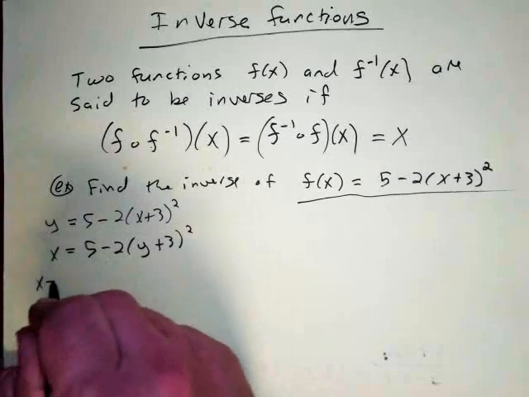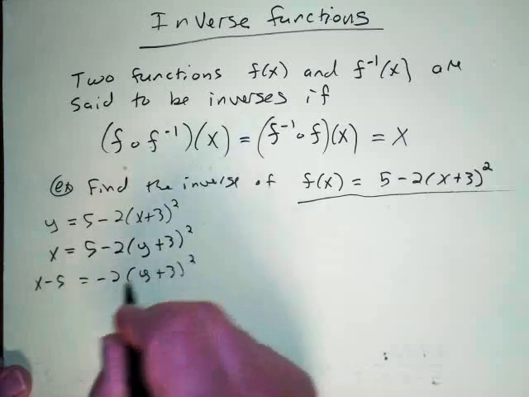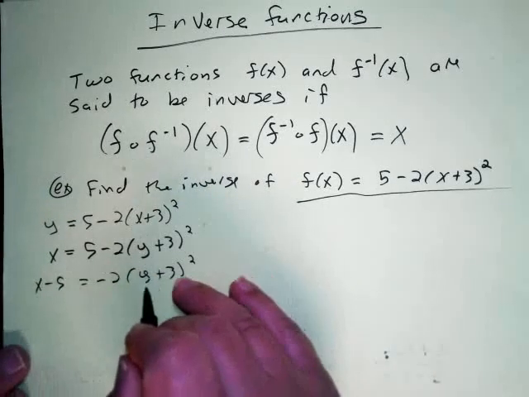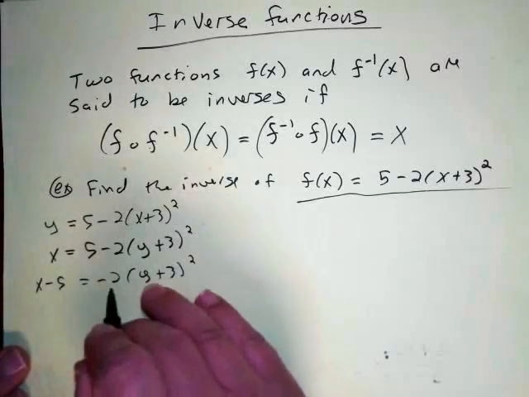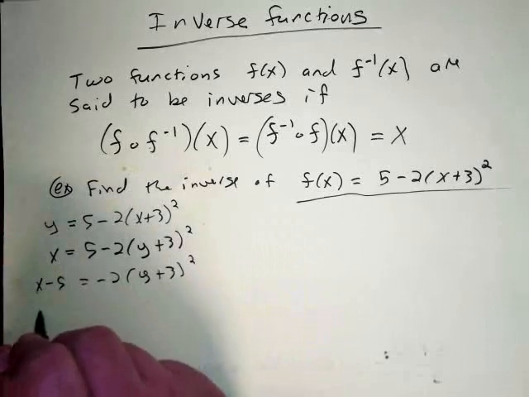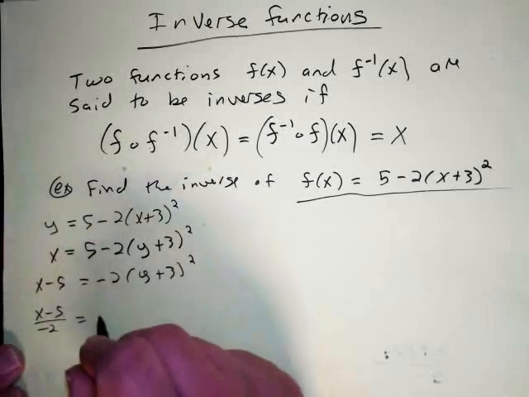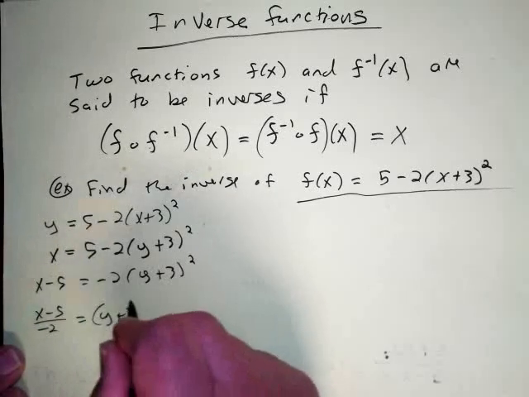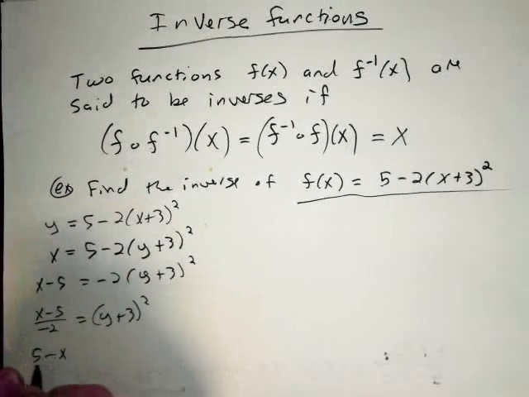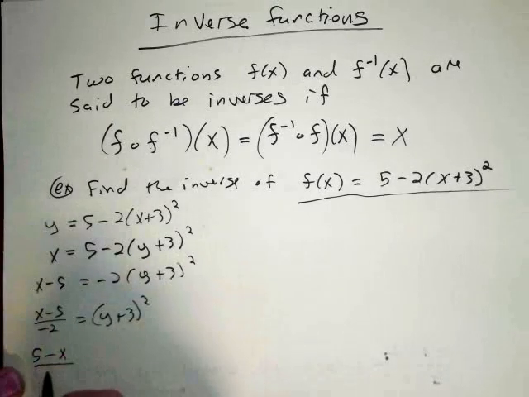So this would be x minus 5 is equal to negative 2 times y plus 3 squared, and then I'm going to bring the negative 2 over to the other side, and if I do that, I'm going to get x minus 5 over negative 2 is equal to y plus 3 squared. Now I can get rid of that negative by commuting the top. So x minus 5 is equal to the opposite of 5 minus x.